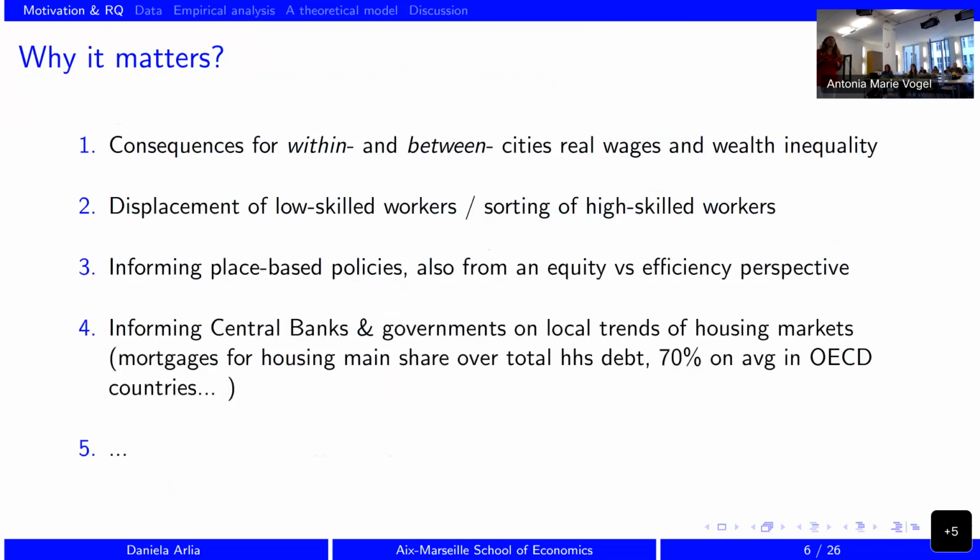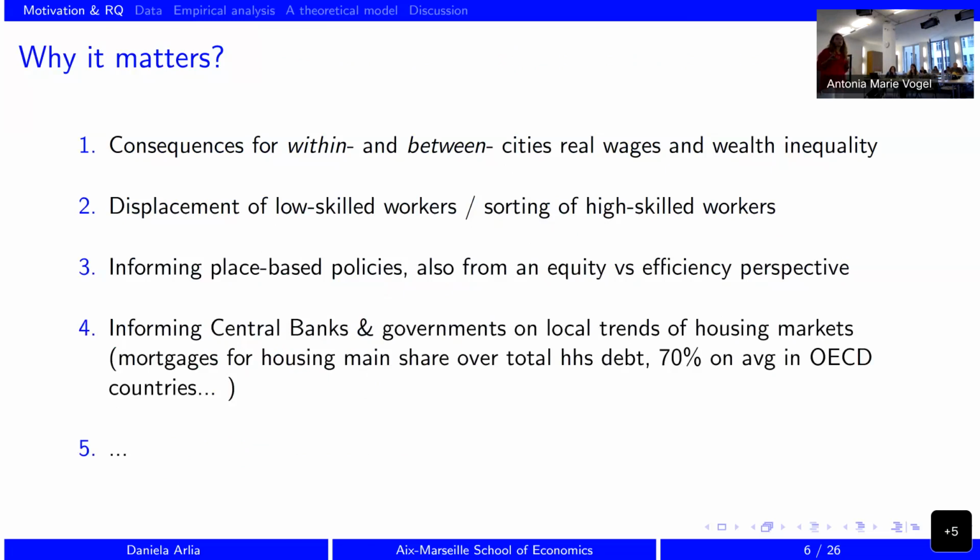Why does it matter? First, this has consequences for within and between cities real wage and wealth inequalities. We know that according to OECD statistics, housing is the main asset for most households across countries.